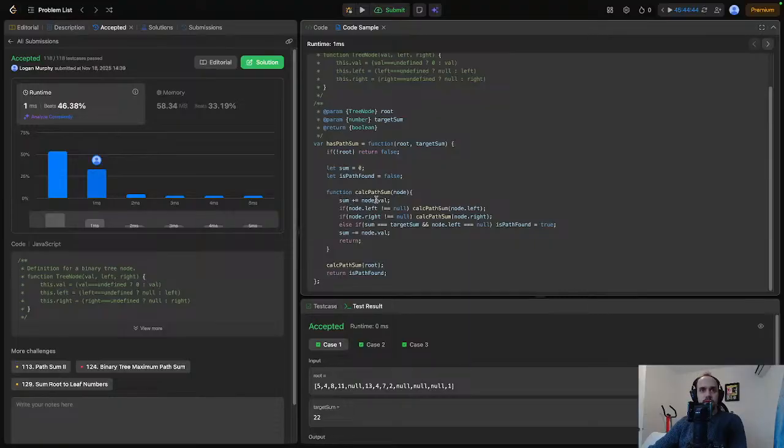This one is calculating the sum of each path, and I suppose detecting if it's at the end of the path or not. And if it is, then it sees if the sum is correct. If it found a path, it would be true.